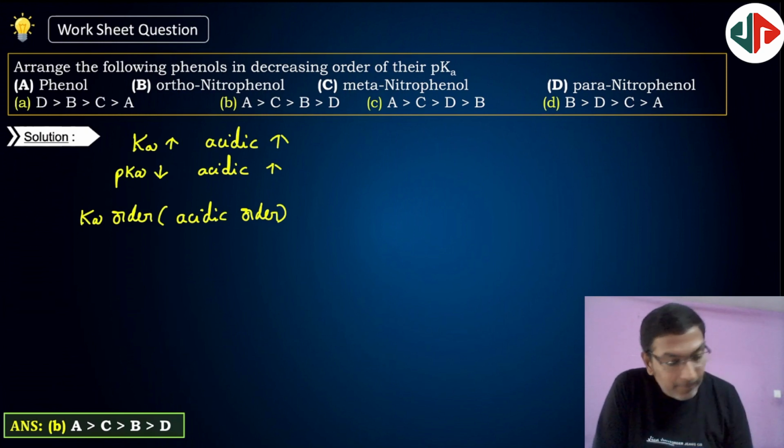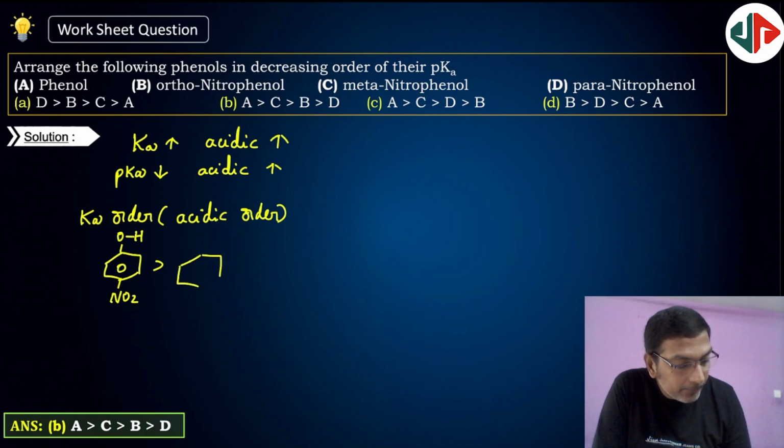So first one, para-nitrophenol is more acidic. After that ortho. After that meta.